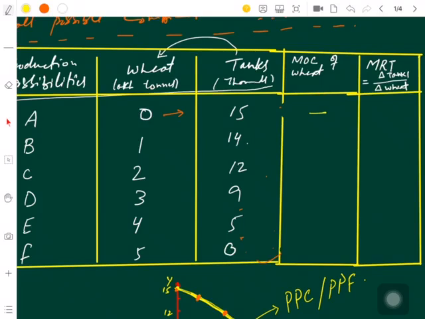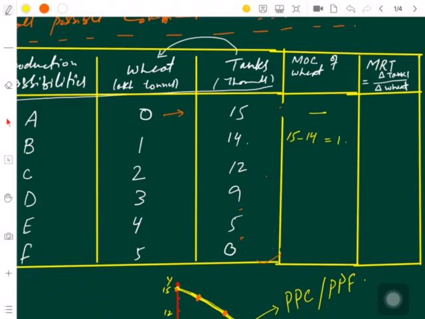But at the second level, we had 15 tanks in the very first combination. Now we are sacrificing 1, that means we are producing just 14 tanks, which comes equal to 1.